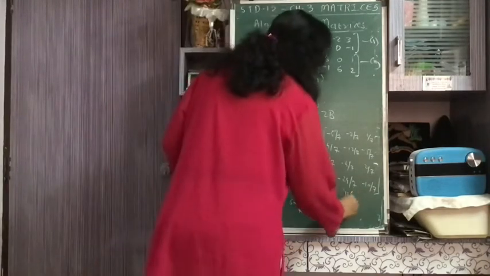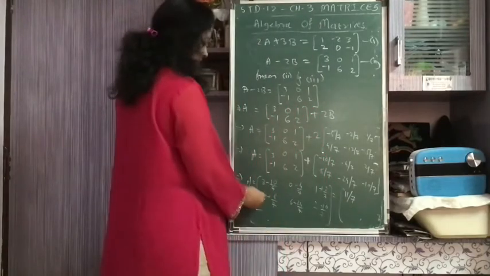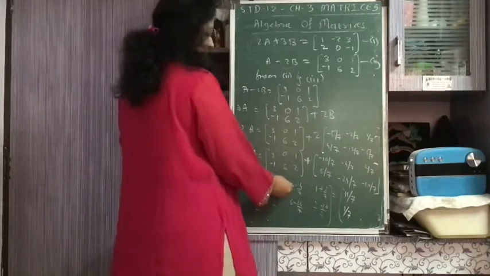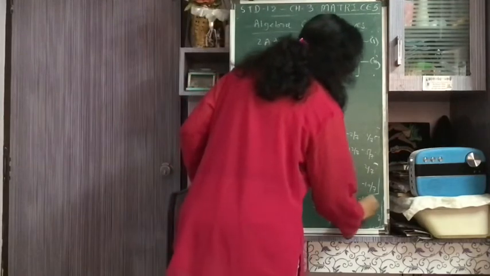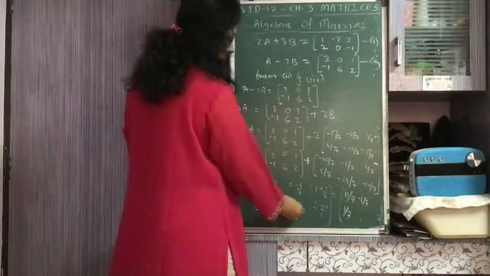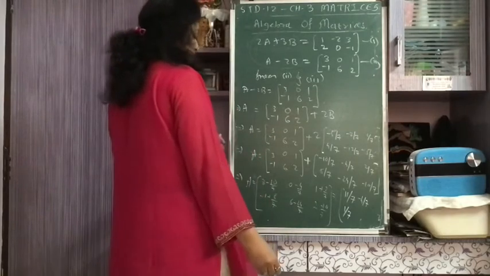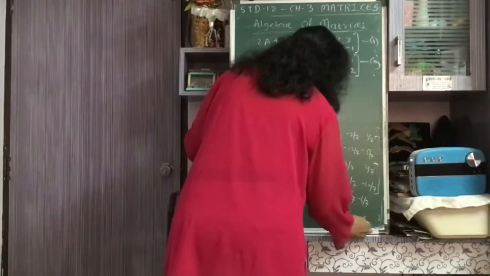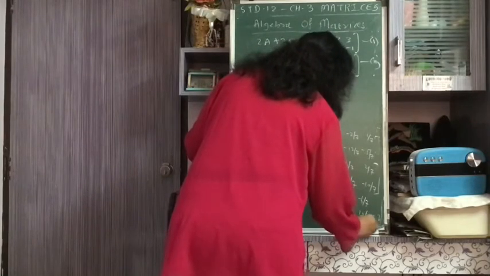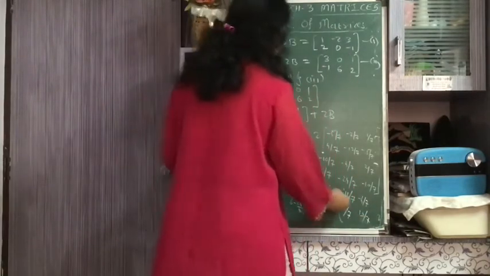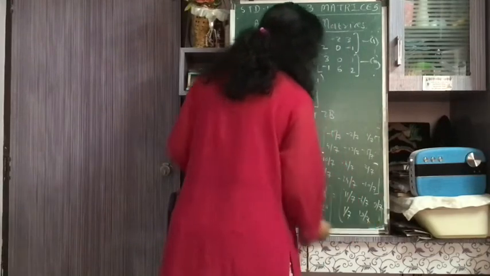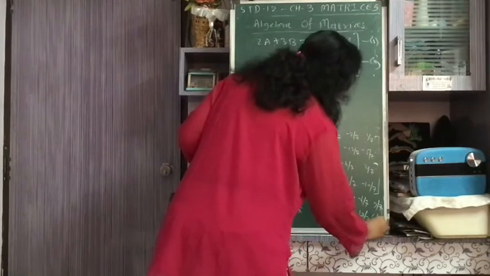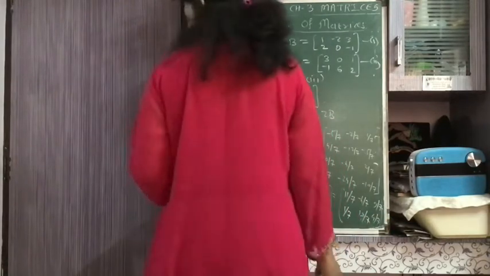So it will be 11 by 7, minus 7 plus 8, 1 by 7, 0 minus 4 by 7, minus 4 by 7, 7 6s are 42 minus 24, 18 by 7, 7 plus 2, 9 by 7, 14 minus 10, 4 by 7. So this is your resultant A.